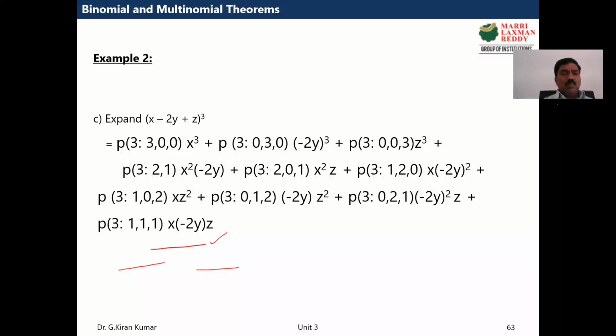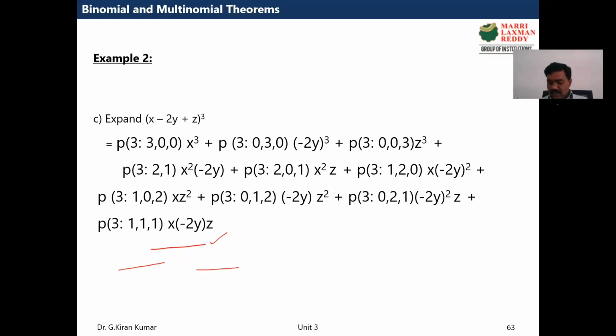Yeah. So you can take this also as a task. Okay, this PPT I'll share with you. See, this is another question. Expand x minus 2y plus z whole power 3. So here also, if you observe carefully, there are 3 variables, right?